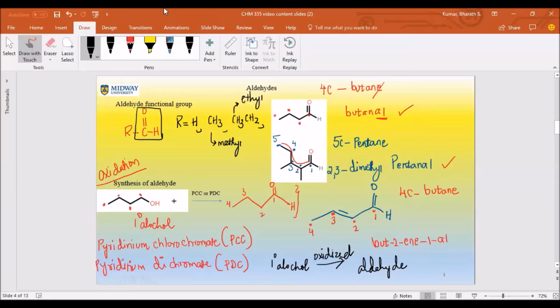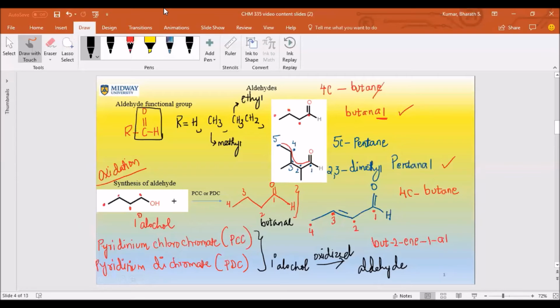So primary alcohols, when oxidized, will produce aldehyde. Now, these are some of the oxidizing agents that are available, which is PCC or PDC. You don't use both. You use only one of the two. So when you oxidize a primary alcohol, you get an aldehyde. Okay, and this is butanal. That's the name of the product. Because I explained it earlier how we got it to be butanal in the first place.